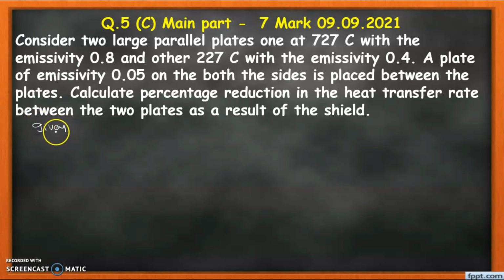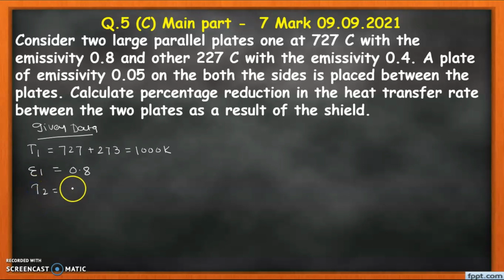So first of all, we write the given data. The temperature T1 is given as 727, so we need to convert it into Kelvin. It becomes 1000 Kelvin. The emissivity of plate 1 is 0.8. The temperature T2 is given as 227; we need to add 273, so this becomes 500 Kelvin.